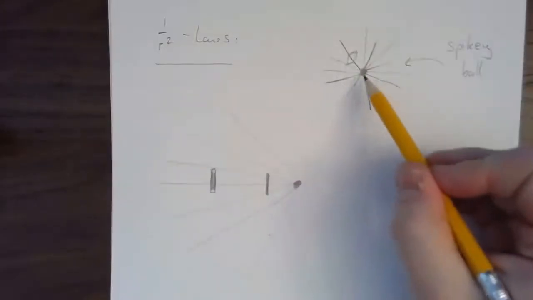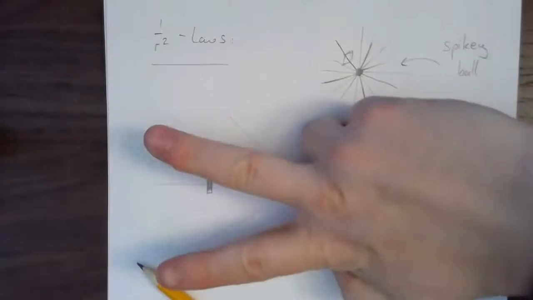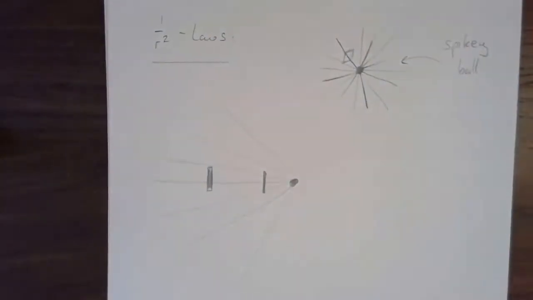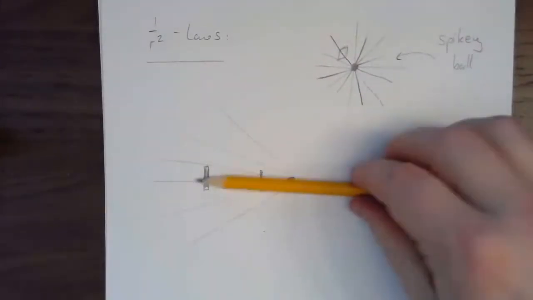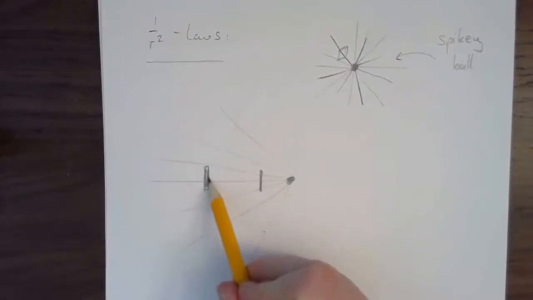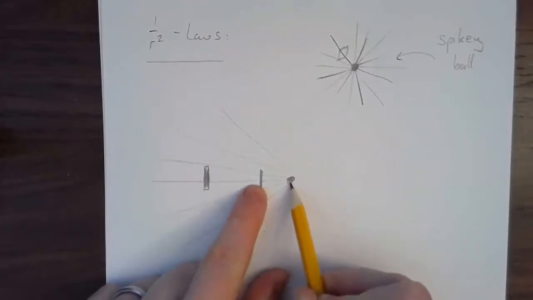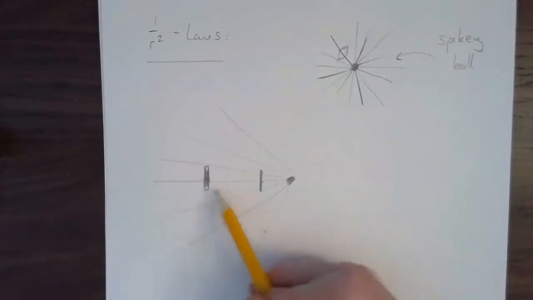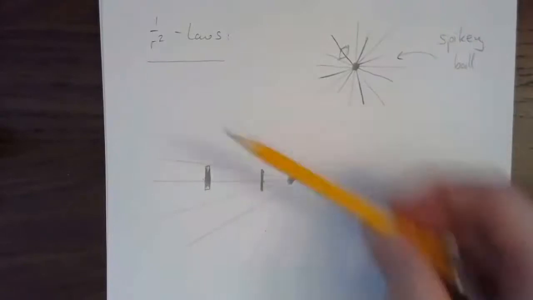Now, if you do it in 3D with a spiky ball, not only would the spikes spread out like this, they also spread out like this, right? Hopefully you can visualize that. So in this 2D example, the number of spikes going through my window drops off as 1 over r, 1 over the distance here, because if I go twice as far out, only half as many spikes are going to fall through my window, assuming there are enough spikes, like there are 1,000 spikes and they're equally spaced.